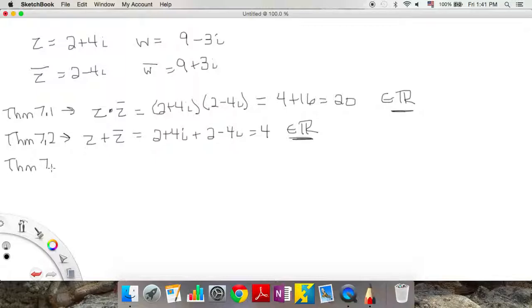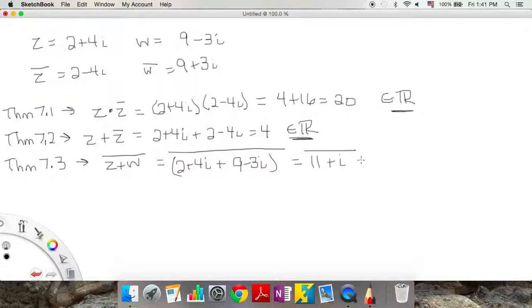If you have two complex numbers that you add together and then you take its conjugate, so we take z plus w, and then we take the conjugate of that, we end up with 11 plus i, take the conjugate of that, and we have 11 minus i.